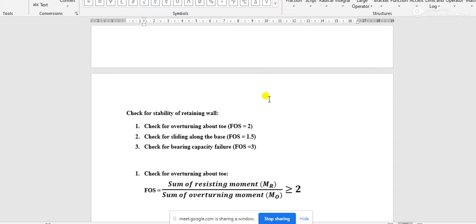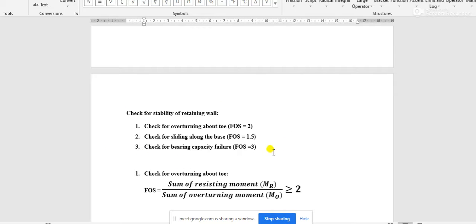So there are three kinds of failure. One is overturning failure, one is sliding failure, and the last one is bearing capacity failure. In some of the books you may get overall failure, meaning the summation of all these three.